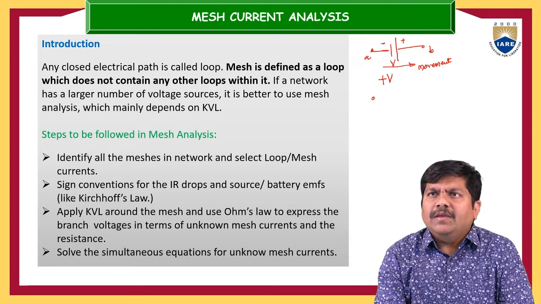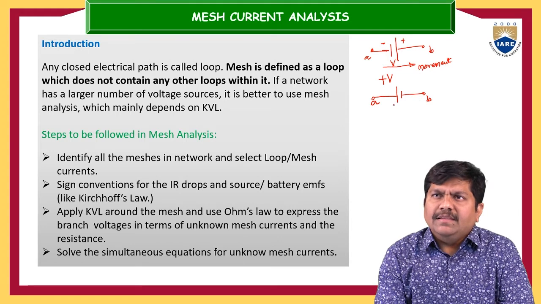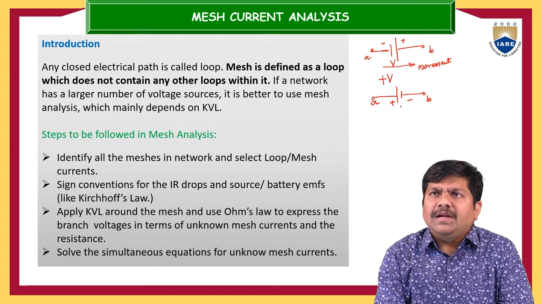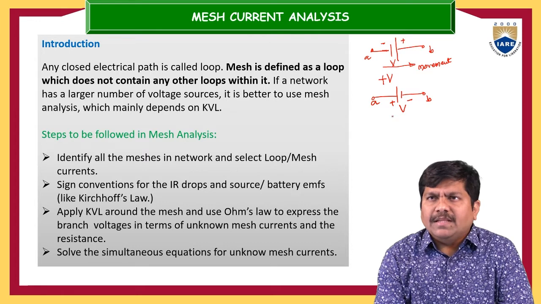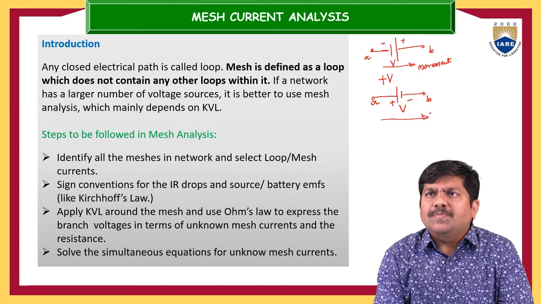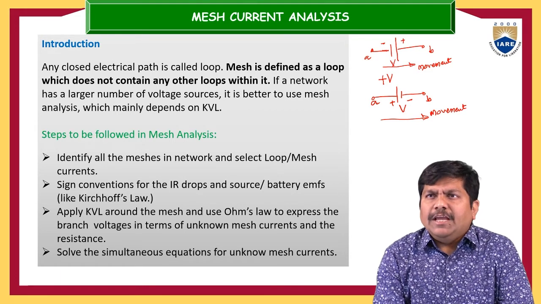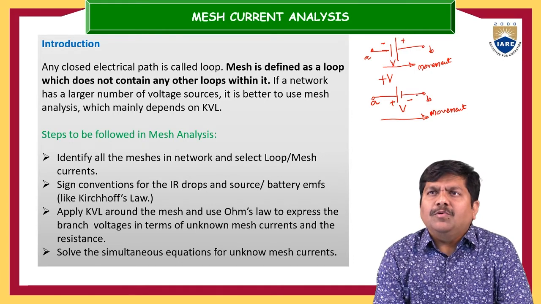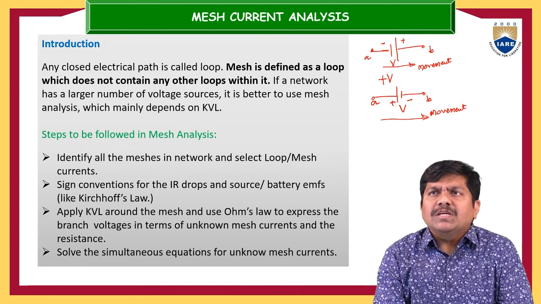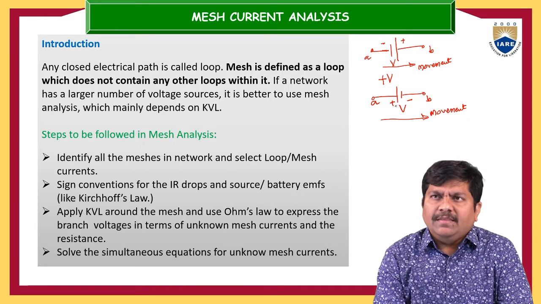Similarly, if we take a voltage source where this is point A and this is point B, this is the positive plate of the battery and this is the negative plate, and the magnitude of the battery is V, and we are moving in this particular direction. First from A to the positive plate of the battery, then positive to negative plate, then negative to B. So positive to negative means we are traveling from A to B. In this path, first I touch the positive plate, then the negative plate.